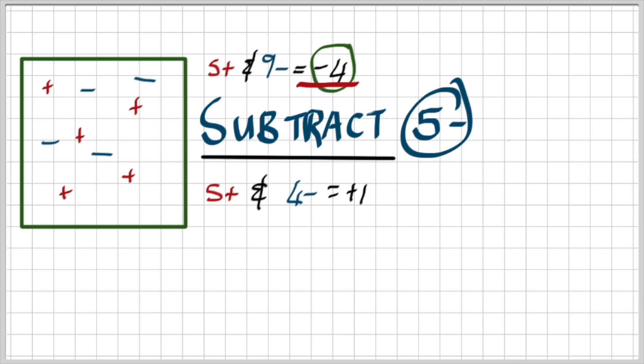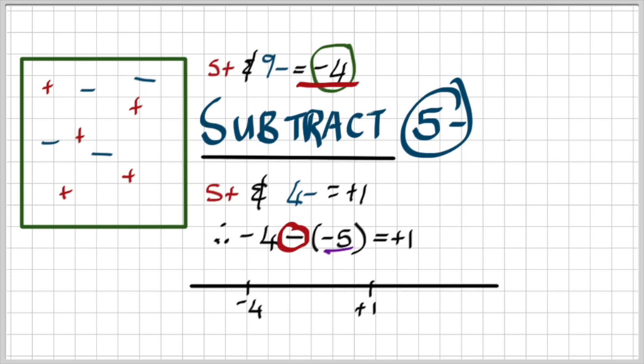That's why when I subtract negatives, my answer is becoming more positive, because I'm removing some of the ice, some of the negatives. So if I look at this, I'm saying that -4 subtract 5 negatives gives me an answer of +1.